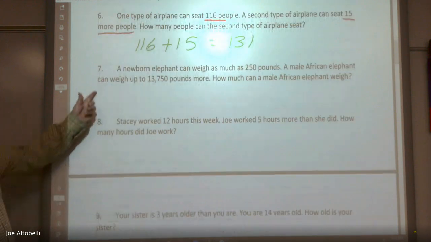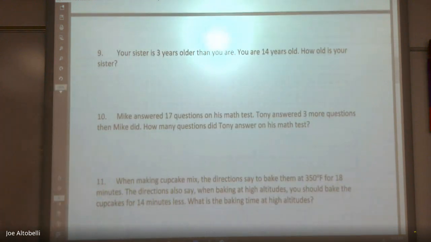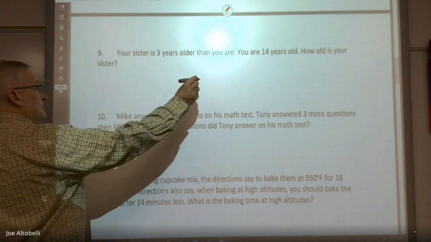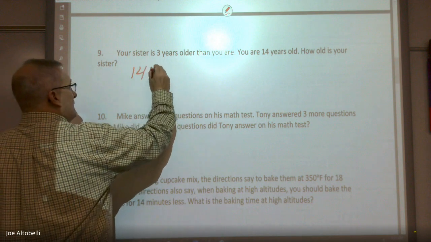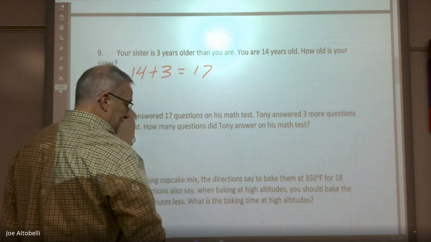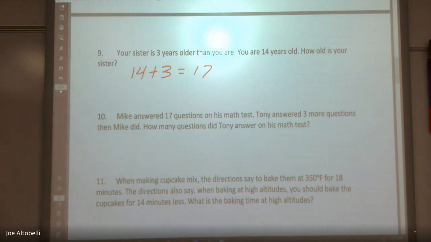Number 9. Your sister is 3 years older than you. You are 14 years old. How old is your sister? So you're going to go 14 plus 3 is 17. Your sister is 3 years older than you.